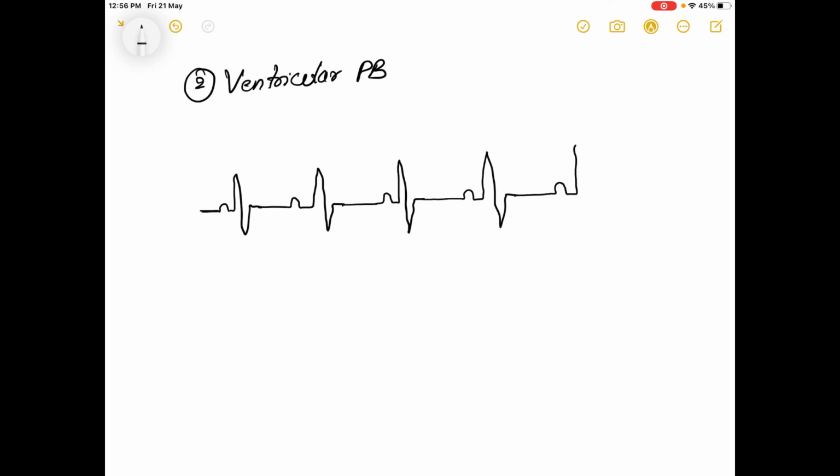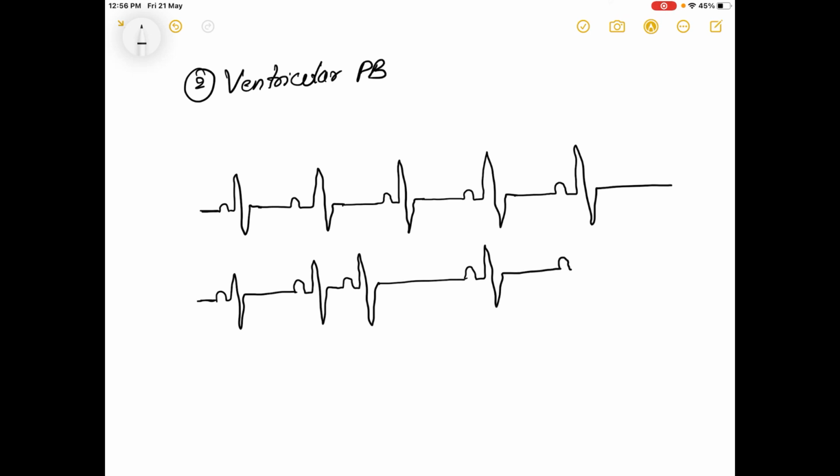So this is the normal sinus rhythm. Let's see what happens in premature beats. Consider this is the normal sinus beats and this is a premature beat.